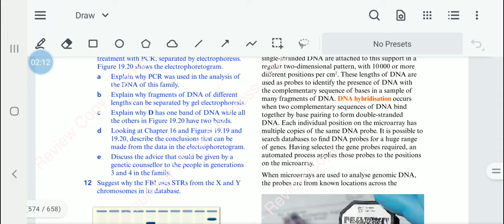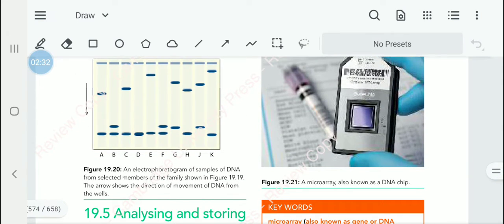There are probes, called DNA probes, containing a wide array of genes on this microscopic slide, which has microscopic dots.